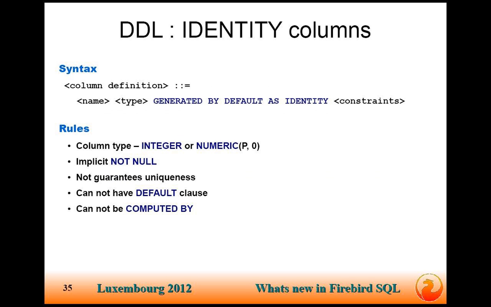Identity columns. Again, this is a feature which was asked for by people from other databases, but we look at the standard first as always, and we found the standard "generated by default as identity" statement, and we implemented it in this way.